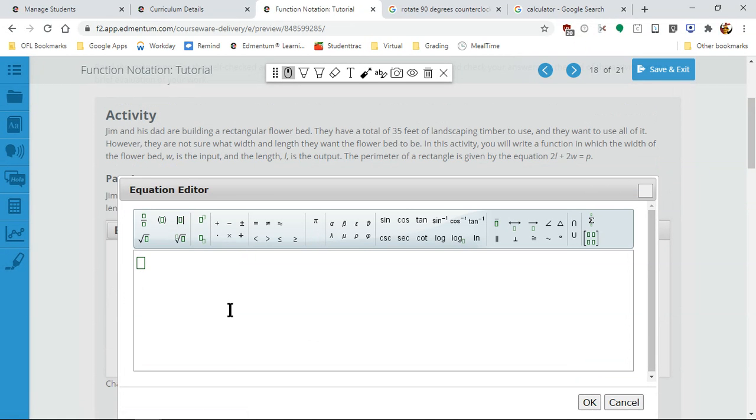First things first, I'm going to say that 35 equals 2L plus 2W. The next step, I want to solve for my L. So I'm going to do 35 minus 2W.